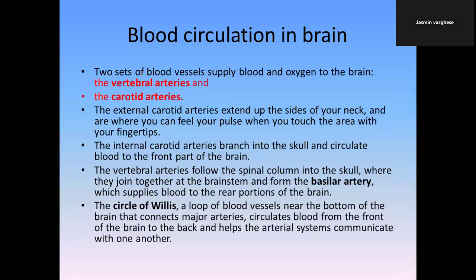Then another part, that is the circle of Willis. The circle of Willis is a loop of blood vessels near the bottom of the brain that connects major arteries and circulates blood from the front of the brain to the back, and helps the arterial systems to communicate with one another. So the circle of Willis is responsible for communication. The blood circulation takes place by two arteries, carotid arteries and vertebral arteries.